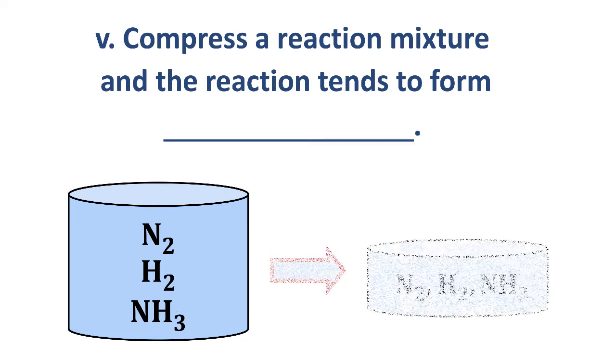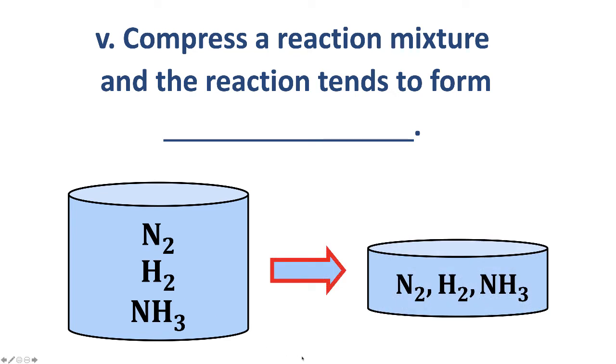Compressing the reaction mixture means we squish down the volume, and if we decrease the volume, that has the effect of increasing the pressure. And increasing the pressure, well, that's the stress. So the system wants to counteract the stress by decreasing the pressure, and that means if there's a way for the system to make fewer gas molecules, then it does so.